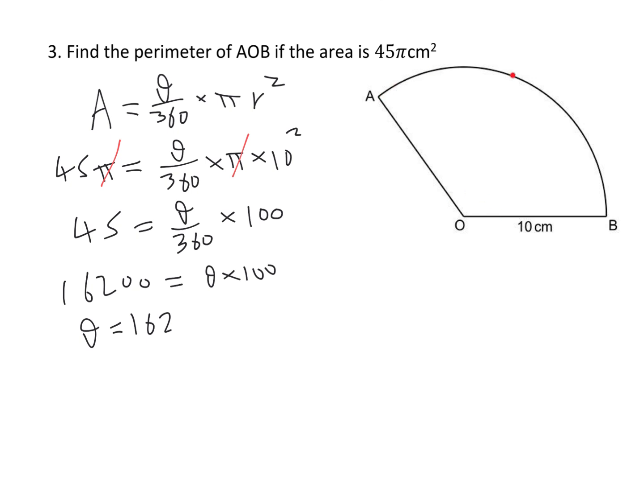So then we can work out the arc length AB. L equals theta over 360 times pi times diameter. So that would be 162 out of 360 multiplied by pi, and the diameter is going to be double 10, it'll be 20.